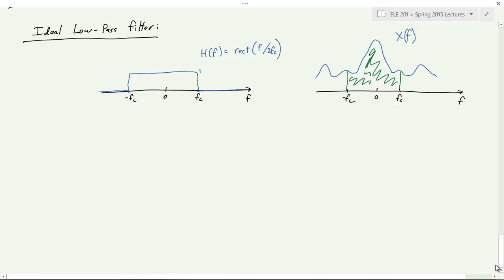Now, what does this do in the time domain? Remember, it's going to be a convolution in the time domain because it's a multiplication in frequency. But what is the signal that you're convolving with? Well, we just do the inverse Fourier transform. H of t should be the inverse Fourier transform of that rect.